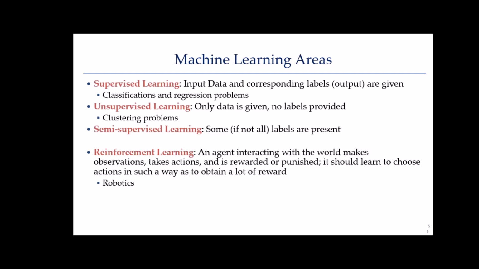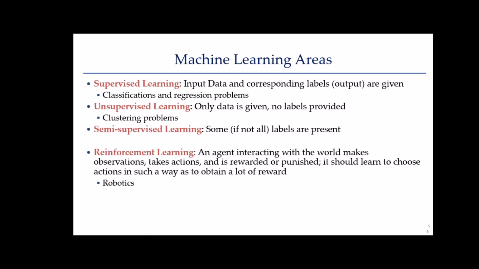So let's talk about machine learning types. There are several types. The first one is supervised learning, which we're going to cover in this course. In supervised learning, we have input data and output data defined. We call those labels. Those are given and can be used during the training.